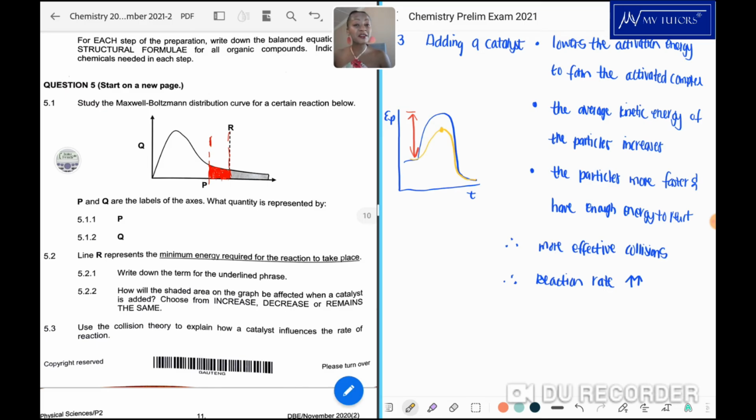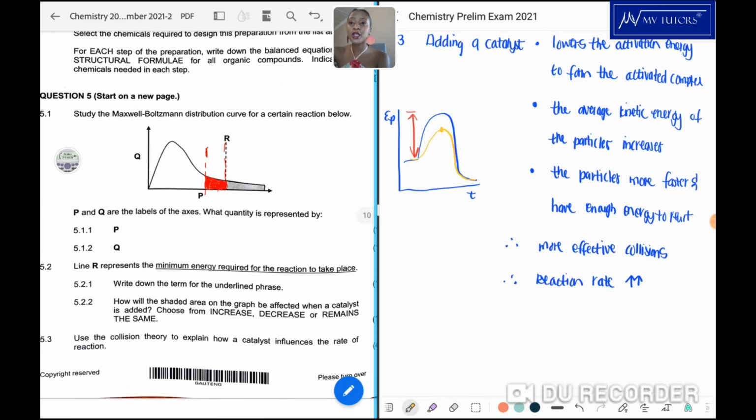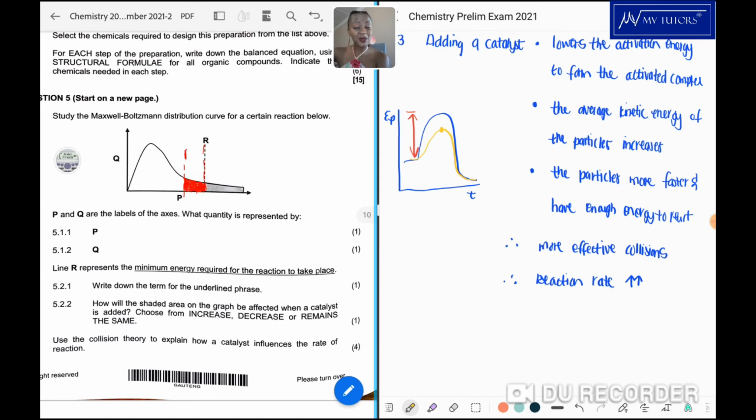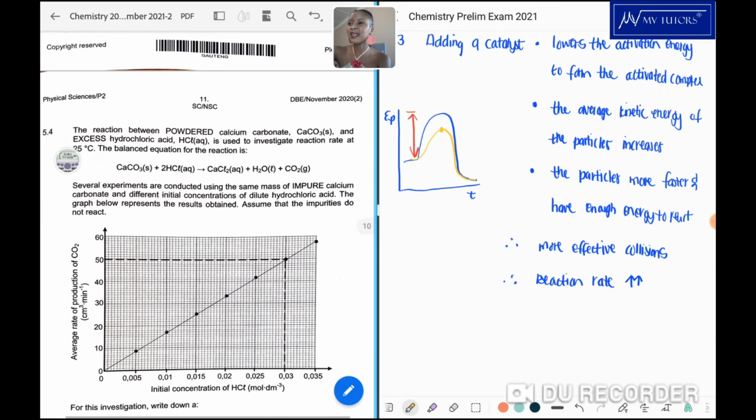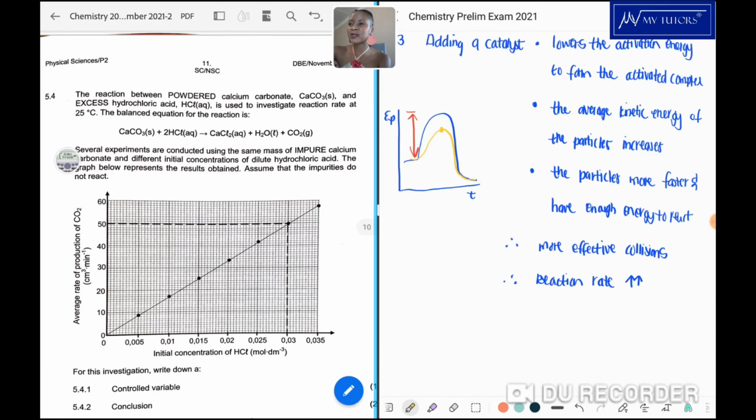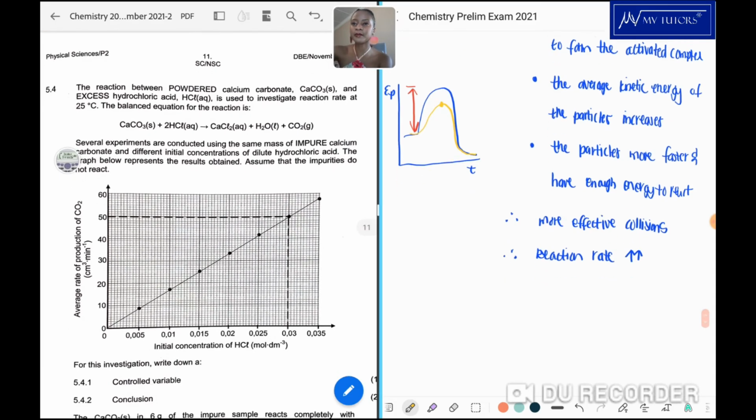So here you have enough energy, the chances of effective collisions are quite high, and in the end your reaction rate increases. That is how you explain that question, and it is worth 4 marks. There is quite a bit of writing that you have to do. Now let us look at question 5.4.